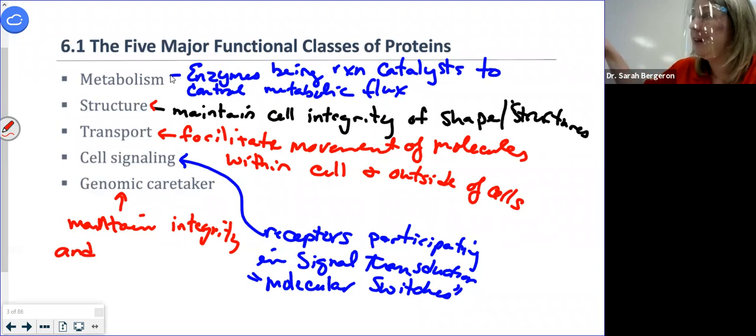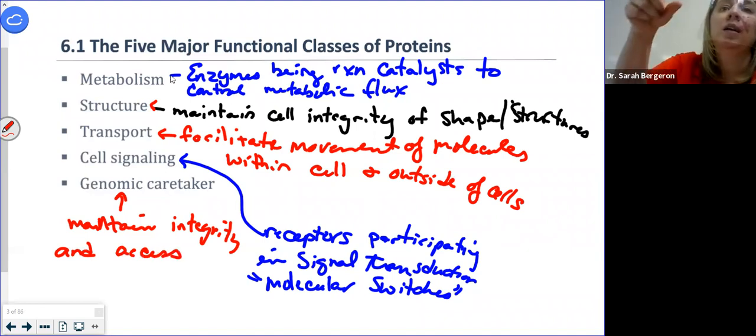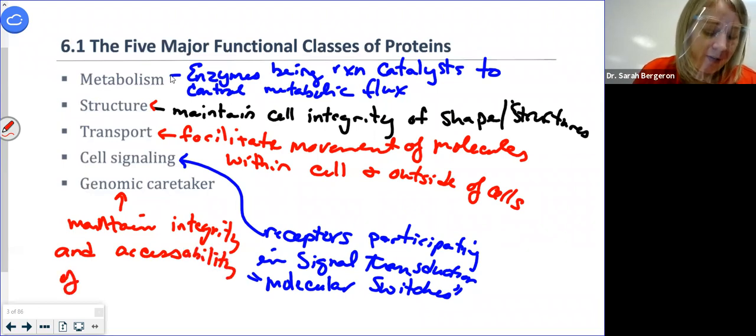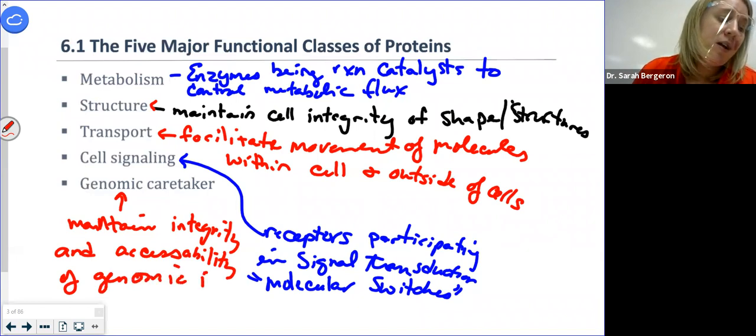Because if you can't access it in order to express it, you have a problem. Well, and decondensing and condensing, going from heterochromatin to euchromatin, that kind of stuff, right? And accessibility of genomic information.